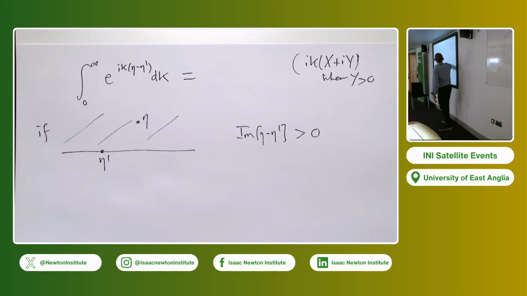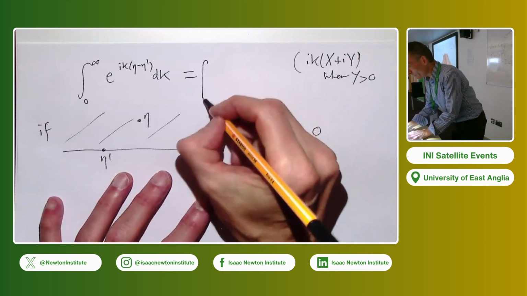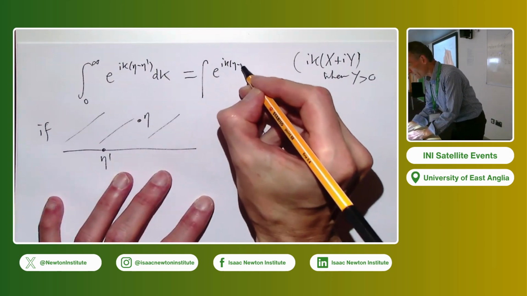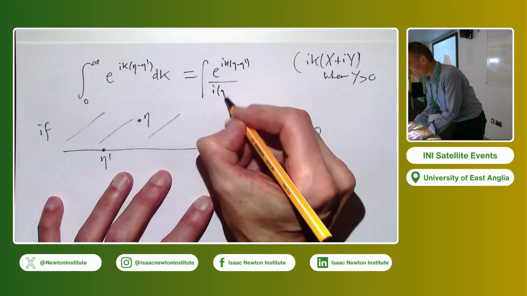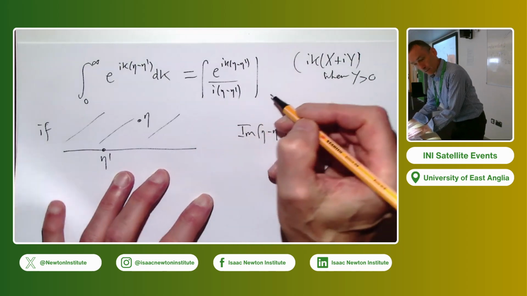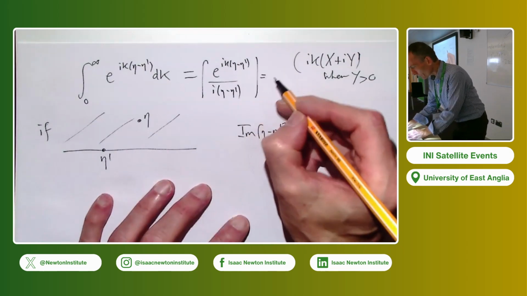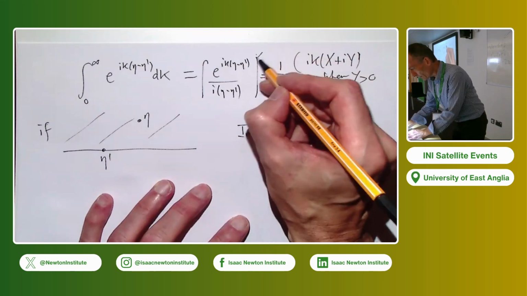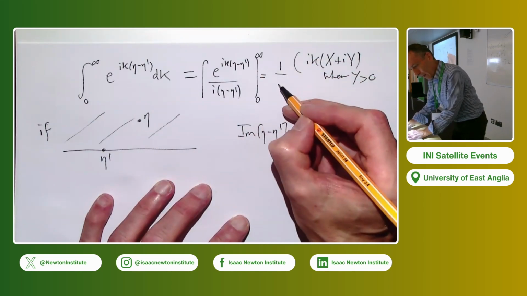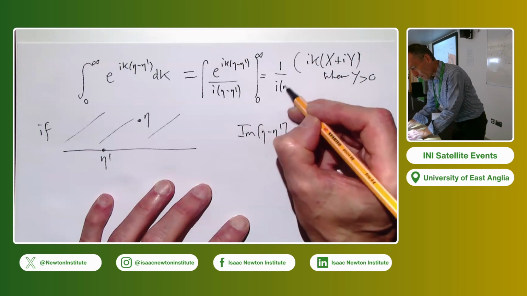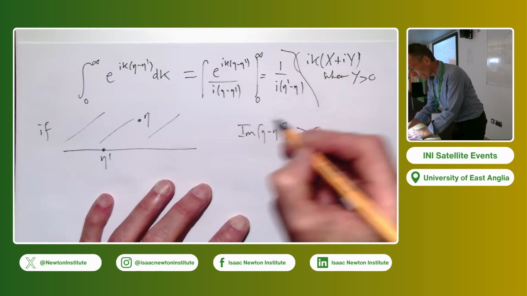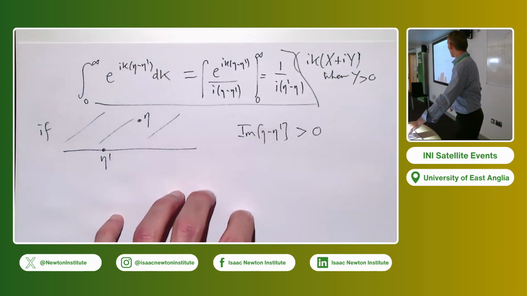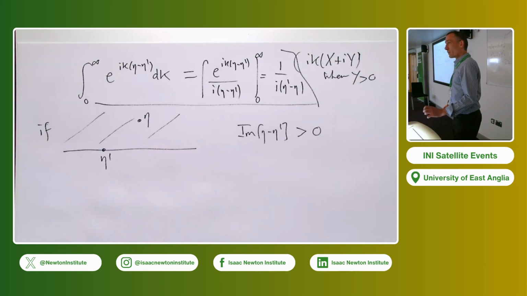But k is positive and y is positive, so I don't get anything from the upper limit. Let's just do it. It's e to the ik (eta minus eta prime) over i (eta minus eta prime). And I think, correct me if I'm wrong, I get the minus sign because of the lower limit. Everyone happy?